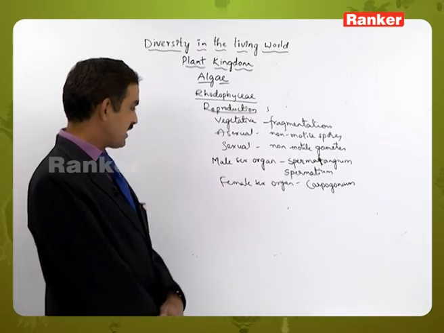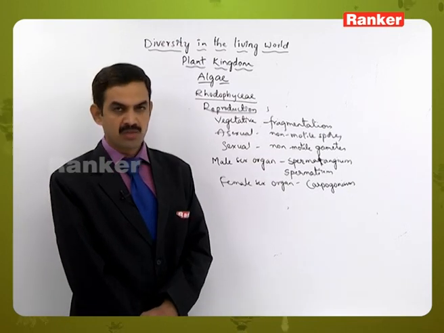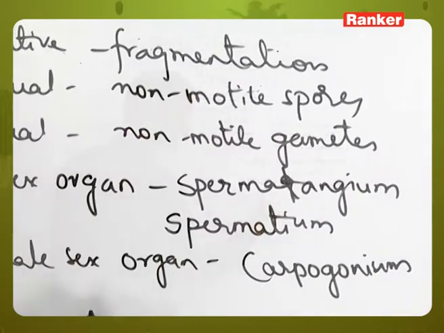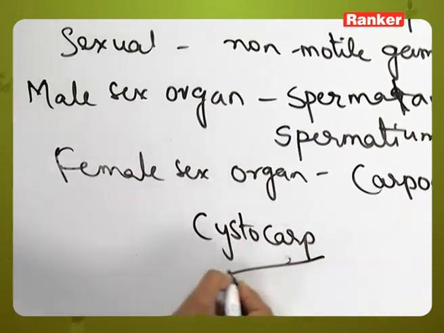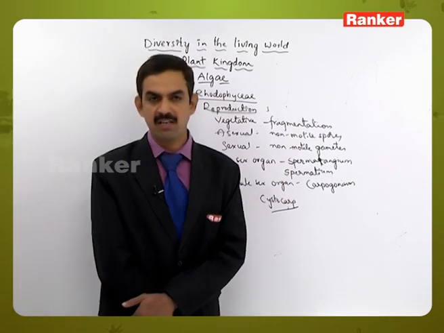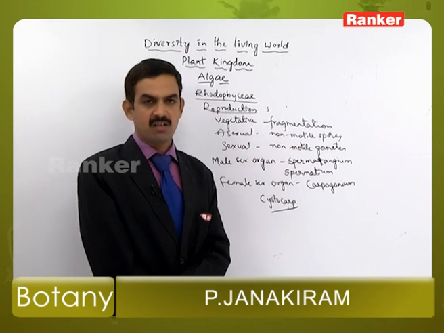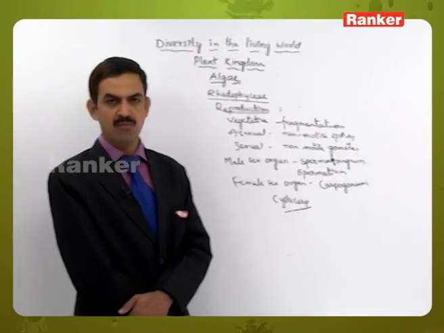The female sex organ along with the male sex organ participates in reproduction with the help of the trichogyne, and they produce a special structure called a cystocarp. From the cystocarp they will give rise to the new individual. Likewise, variation can be observed in the sexual method of reproduction.